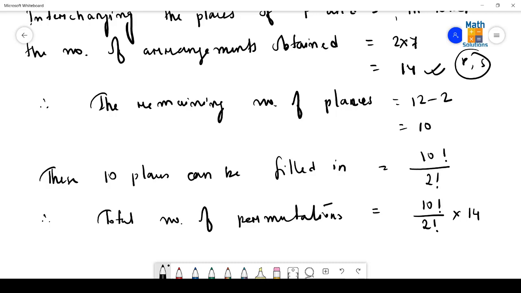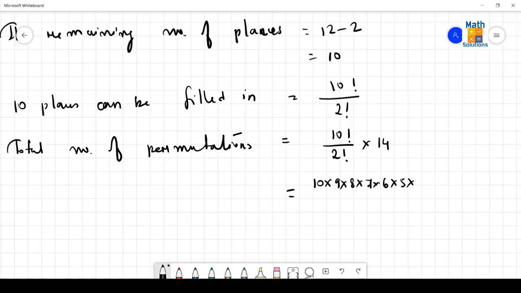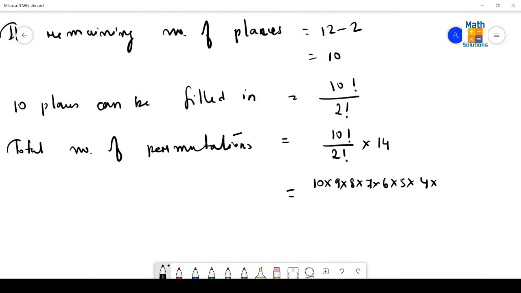So after reducing this calculation, we have to perform 10 into 9 into 8 into 7 into 6 into 5 into 4 into 3 into, let's write it, 2 factorial divided by 2 factorial into 14.